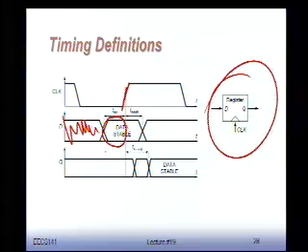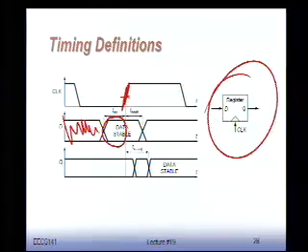Okay, setup times. Now, the same thing holds in the other direction. Suppose, again, I apply my clock edge, and then I'm going to start changing the data right after my clock goes to the 50% point. Chances are, again, that the data in your register can be corrupted.